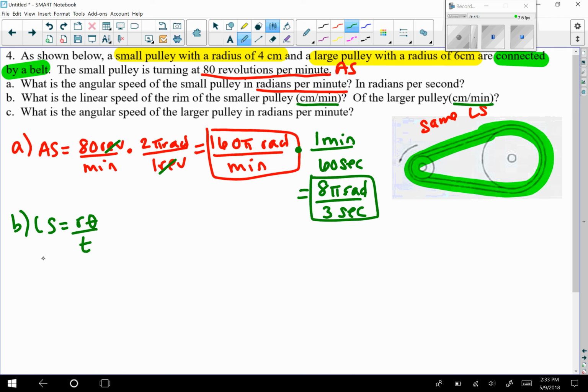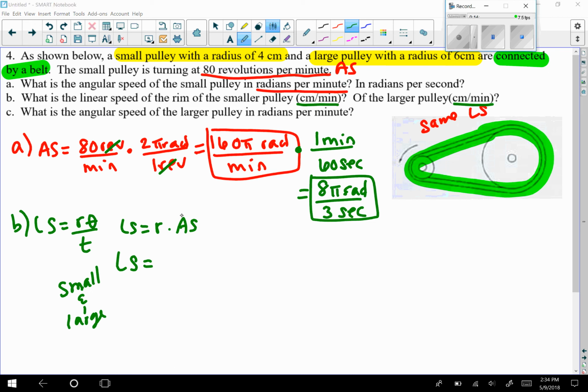So remember, linear speed is really equal to the radius times the angular speed. So we just found what the angular speed was per minute right here, 160 pi radians per minute. So we're going to use that one because we want it per minute. So the linear speed is equal to, and this is going to be for the small and the large pulley, and we said that the radius is 4 centimeters.